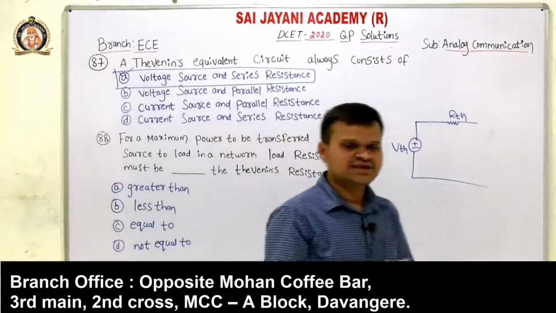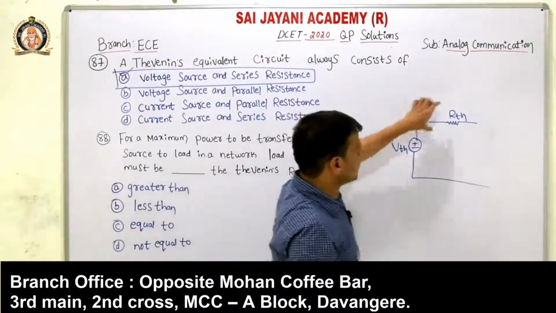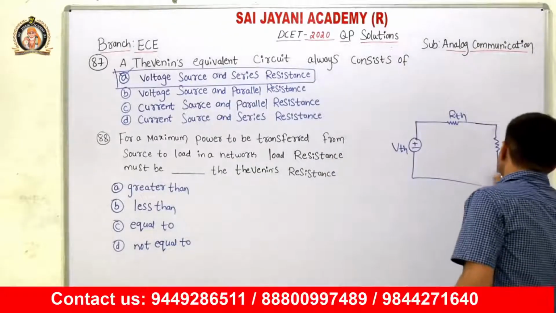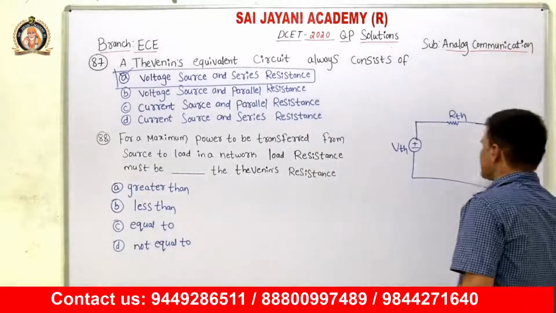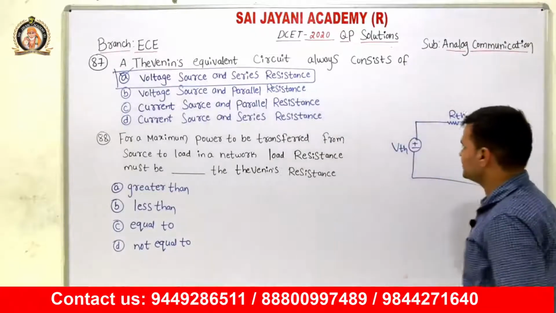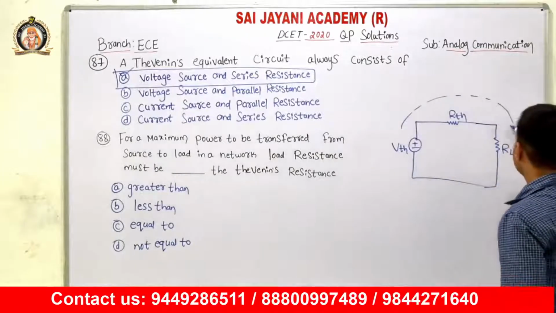When you consider a Thevenin's equivalent circuit, it mainly consists of VTH and RTH. When you connect RL, that is load resistance, across this Thevenin's equivalent circuit, then a normal power is delivered from source to load.